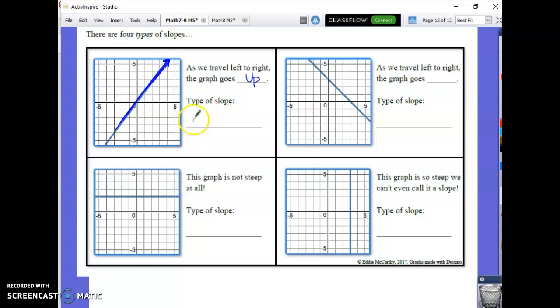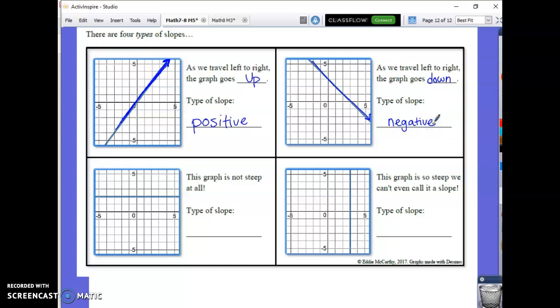Type of slope, well, it's a positive slope. Whenever it's going up, it's going to be a positive slope. And then over here, we have this graph. As we travel left to right, the graph goes down. And that is a negative slope.